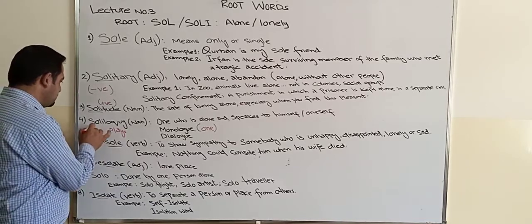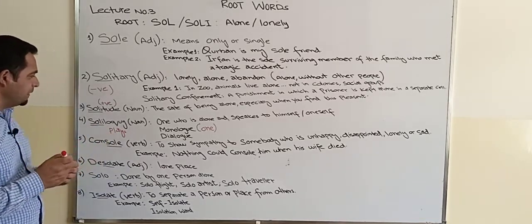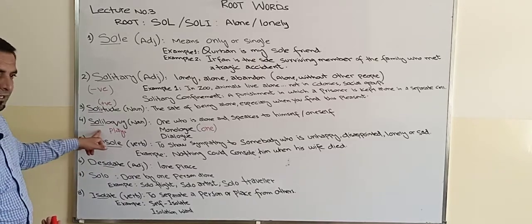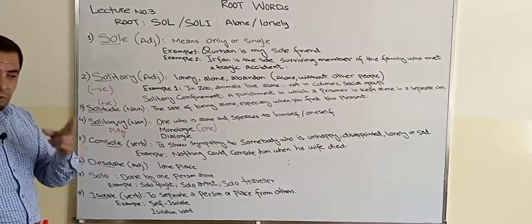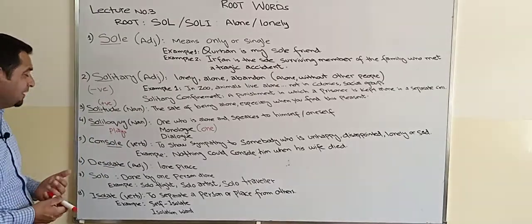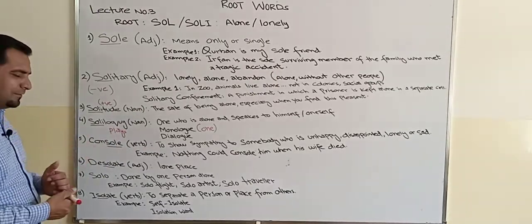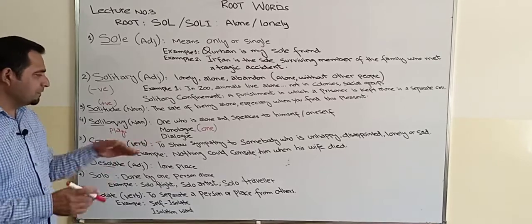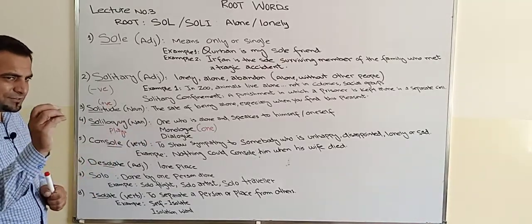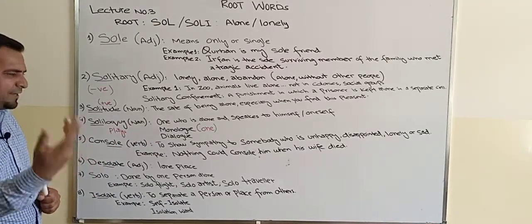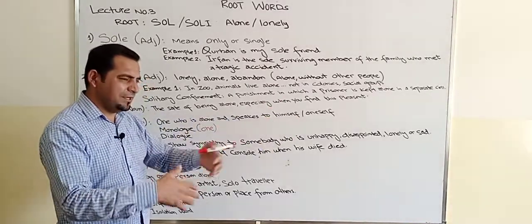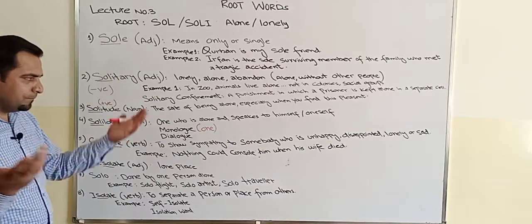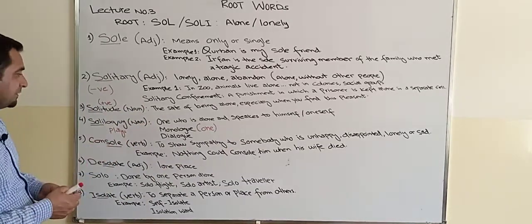So again, we have the root word soli here. It comes from plays and dramas, and it talks about a person who is on the stage and talking to himself. Console, so we have the root word sol, showing sympathy to someone who is alone due to any reason, whether unhappy, disappointed, lonely, sad, or any other reason.